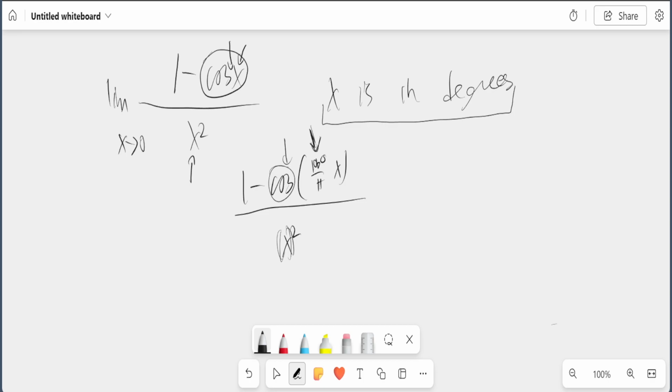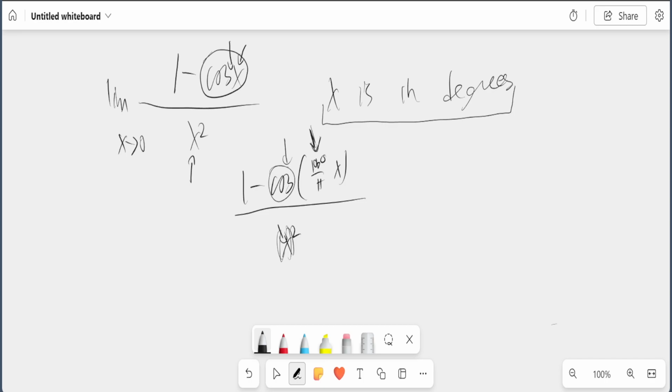So if x is 30 degrees, then you would convert the 30 degrees into radians and put that in. The reason is that if we put 180 over pi in here, it's a different problem.